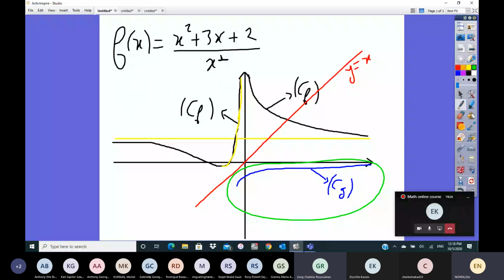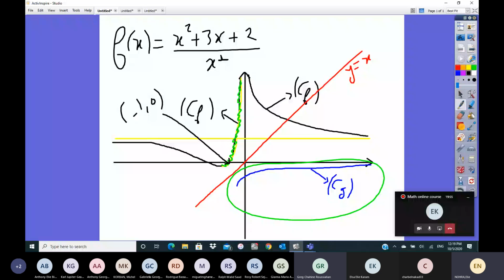You take any point on the curve, marked here as F, replace with its coordinates, and we flip them. For example, let's take this point. What is this point? It's (-1, 0). Bravo.